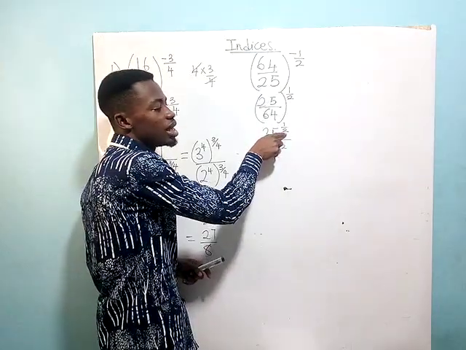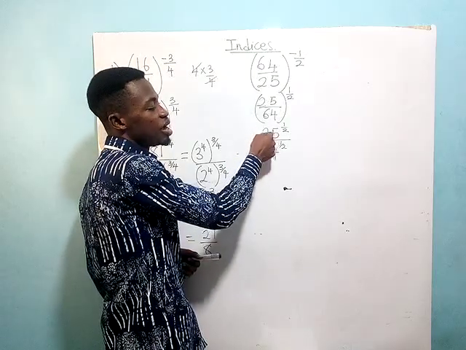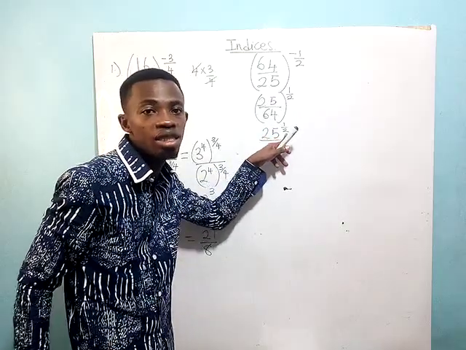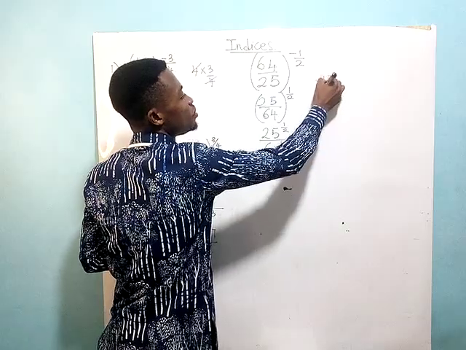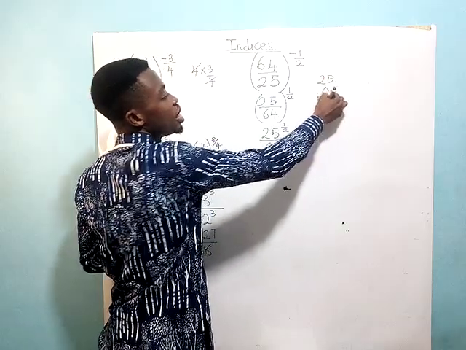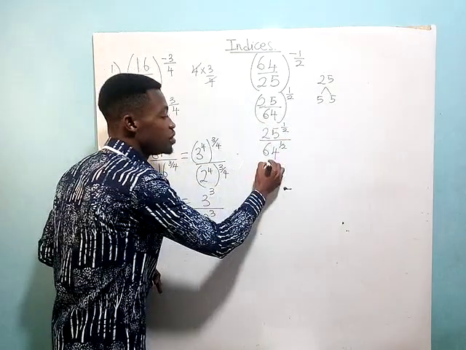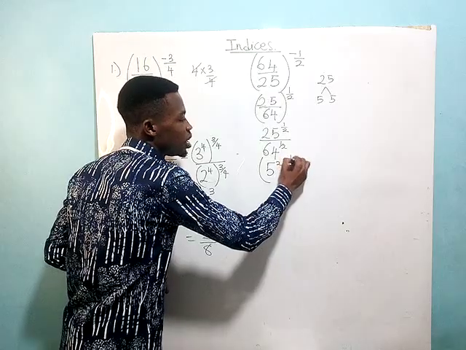It's a property we've already expounded. Now, always look at the denominator. Ask yourself, how can we write 25 such that it will have an exponent which is the same as the denominator here? So we know 25 and the factor tree is 5 times 5, which is 5 to the power 2. So this is giving us 5 to the power 2, all raised to the power 1 over 2.